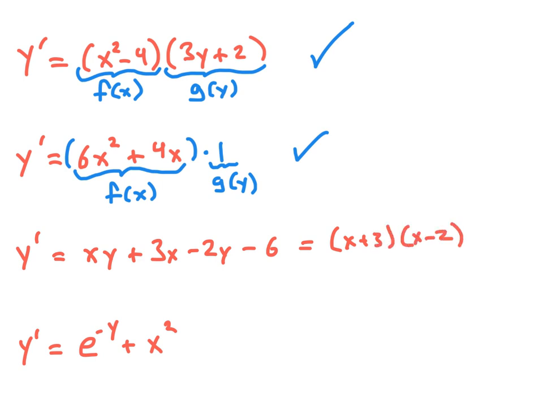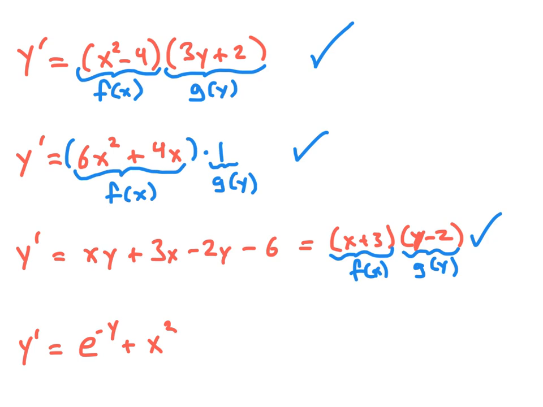This factors in a natural way. We can do a factoring by grouping here and obtain x plus 3 times y minus 2. Sorry, that's a y. And so here we have a function of x multiplied by a function of y. And so this particular equation is separable as well.